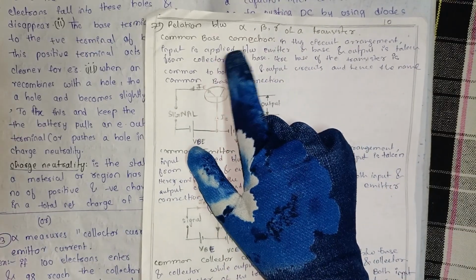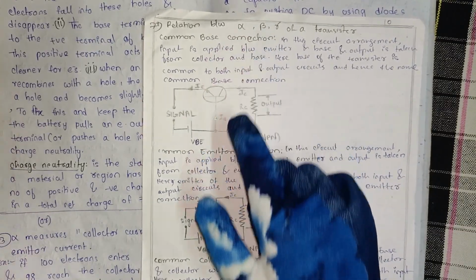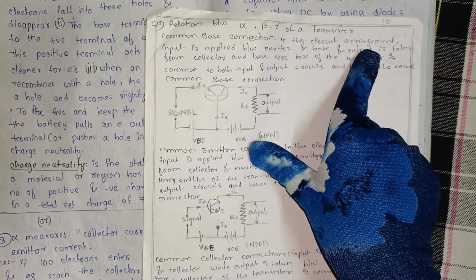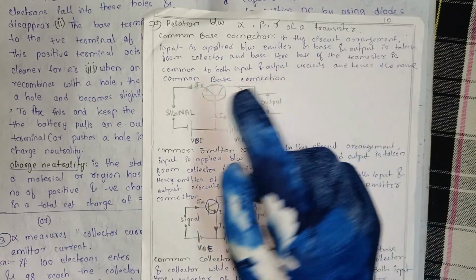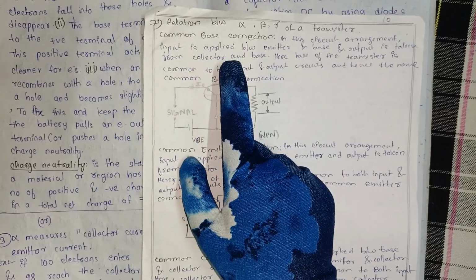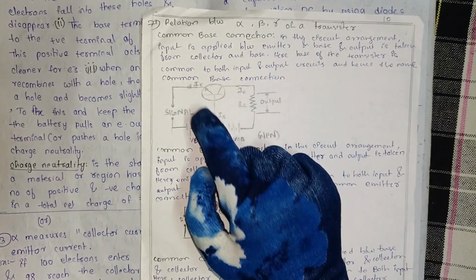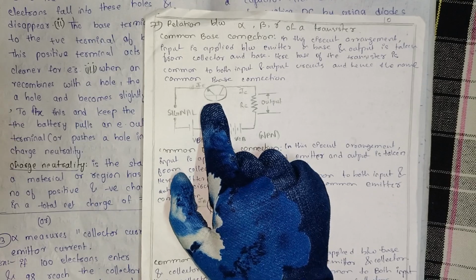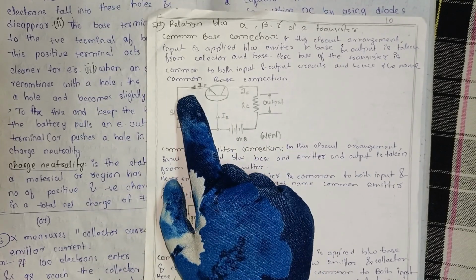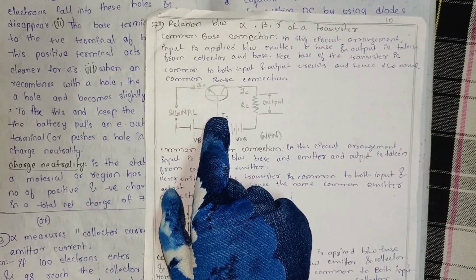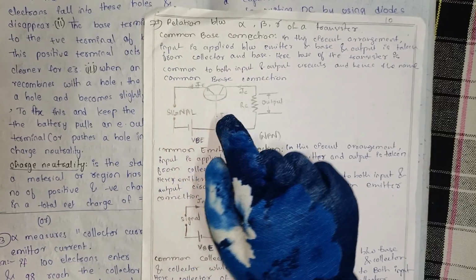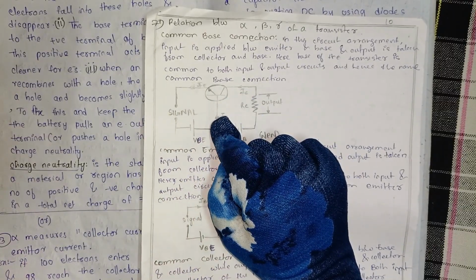So first, common base connection. In this circuit arrangement, input is applied between emitter and base, and output is taken from collector and base.